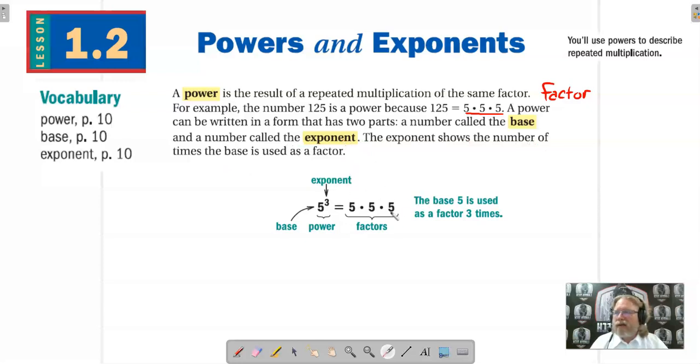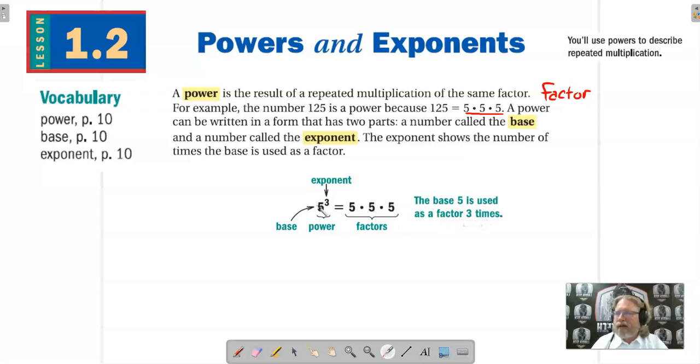So this illustration that we have here, we have 5 and a 3. Well, 5 is the base, and you'll see that it becomes the factors that are being multiplied times each other. And then 3 is the exponent. Well, notice that 5 is being multiplied times itself 3 times. So the base 5 is used as a factor 3 times.